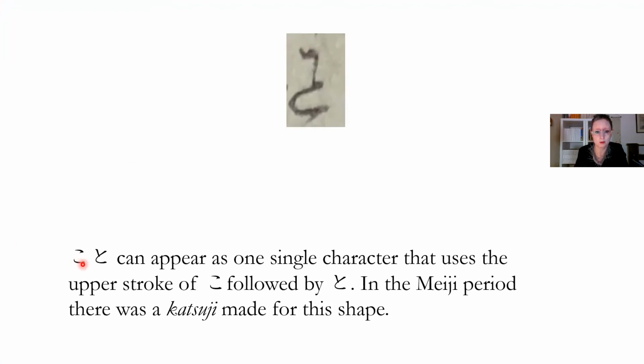The lower part of ko just becomes a vertical line that encroaches onto the vertical line of to. So koto. Now, this was such a set sort of version of to kana that in the Meiji period, there was even a katsuji that was made for this specific shape.